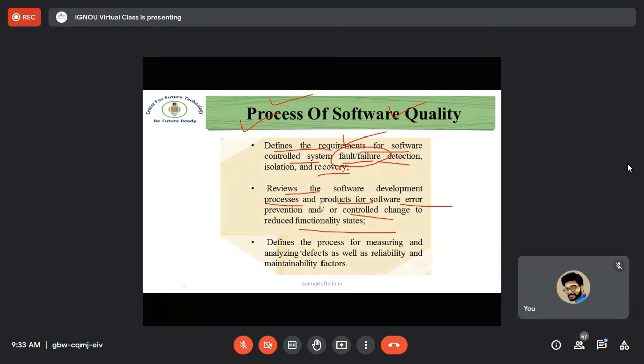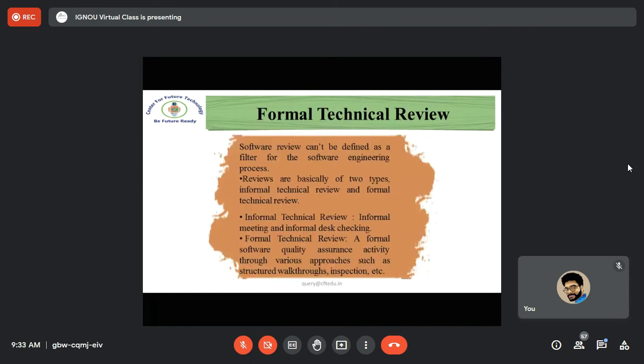So it defines the process for measuring and analyzing the defects as well as the reliability and maintainability factors, right? By analyzing how many defects there are, at which level the reliability of the software is breaking, and how the things can be maintained, and by getting the answers to all these questions, the quality of the software can be enhanced.